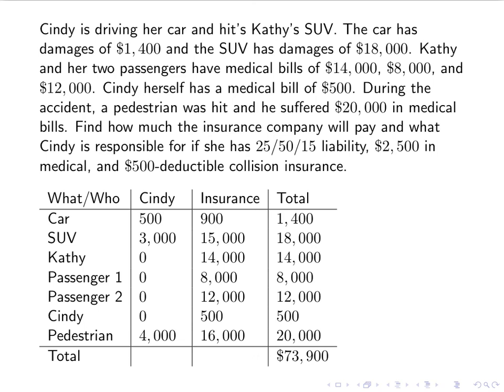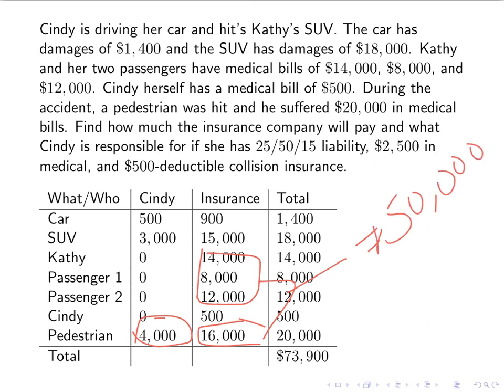So unfortunately, if we added them all up, we'd get $54,000. So the pedestrian is only being covered for $16,000 under the insurance, and Cindy has to pay the remaining $4,000. Okay, so again, all these people is the $50,000. They won't pay more than that. So that's why Cindy is left with the $4,000.